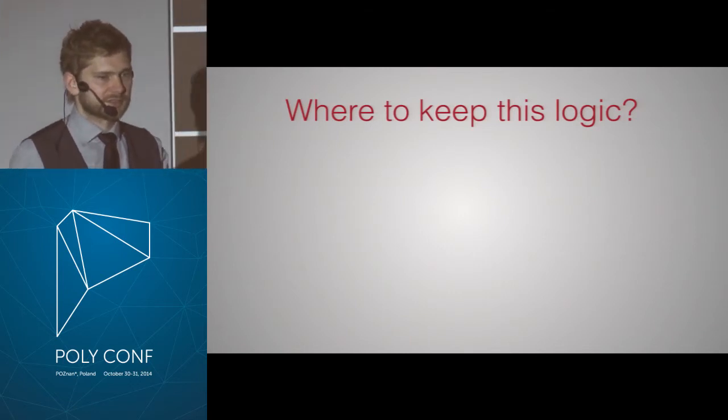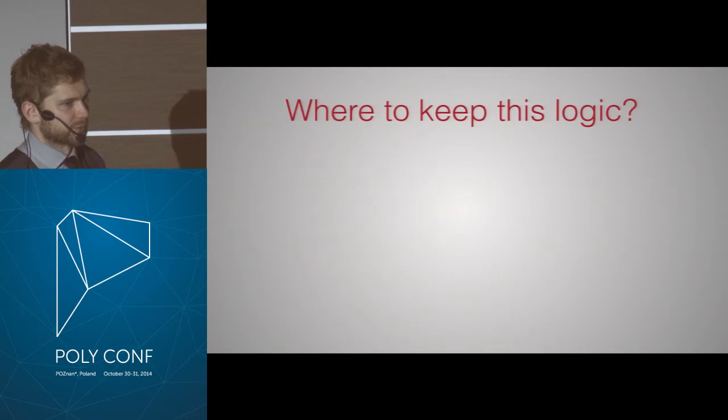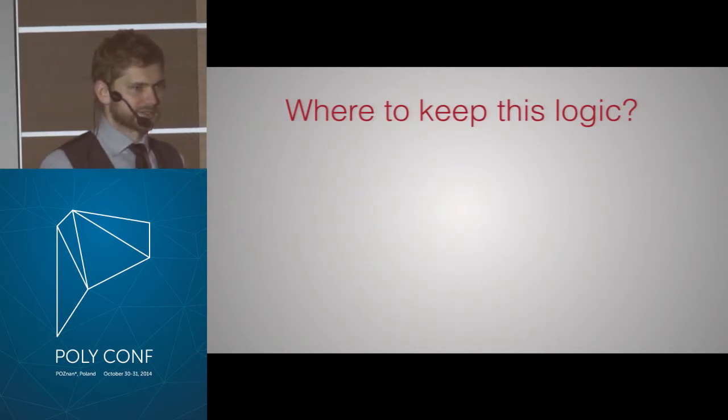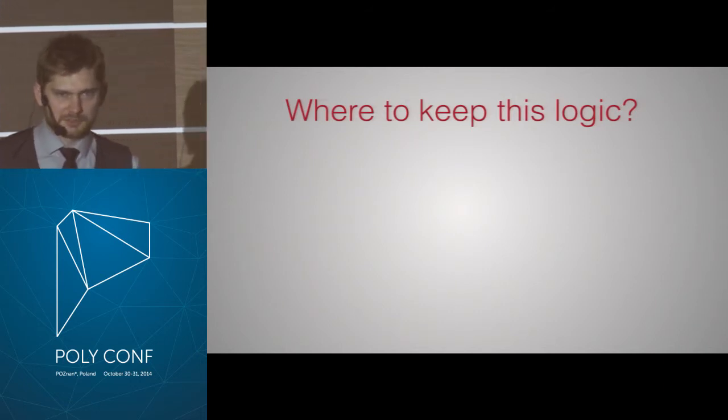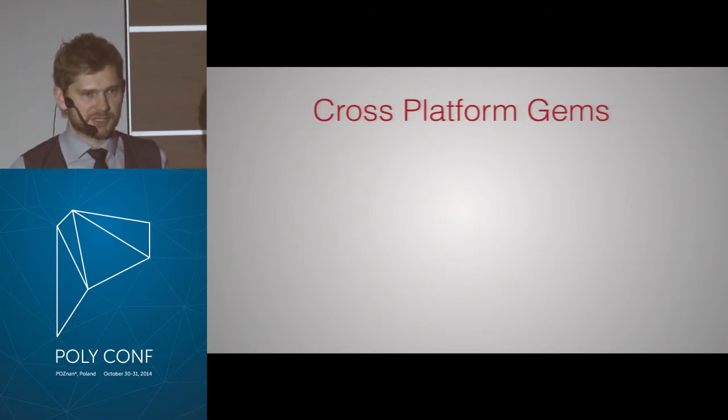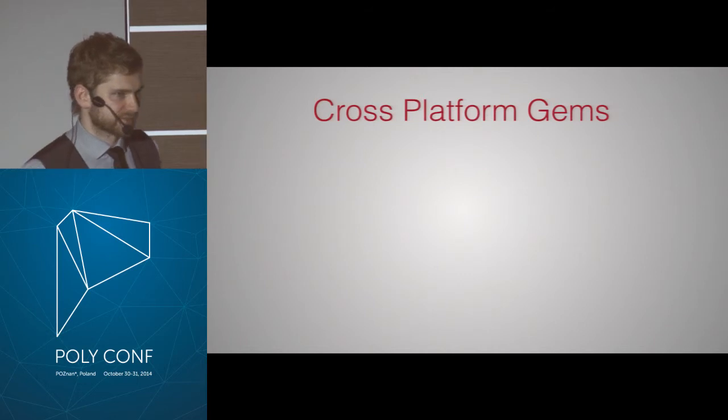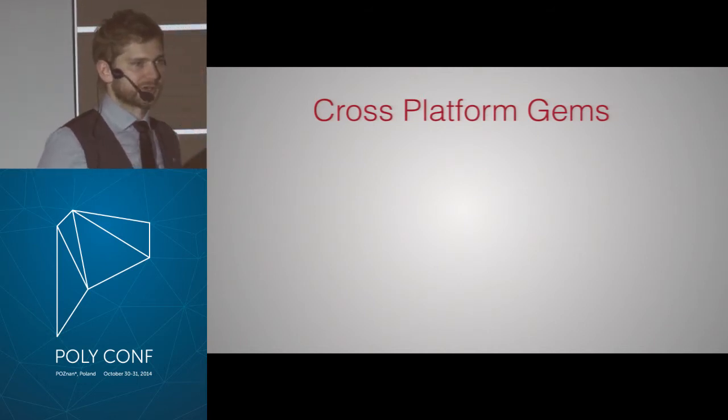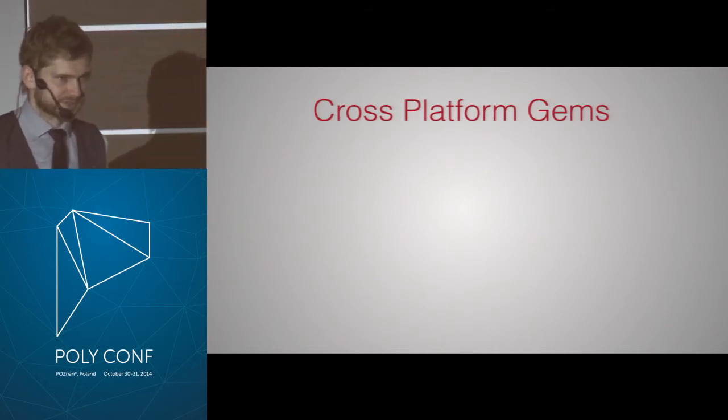We could basically pick it from one project and paste it into another. We could share it in a directory structure, or we could create cross-platform gems. For those who don't program in Ruby, gems are basically libraries.